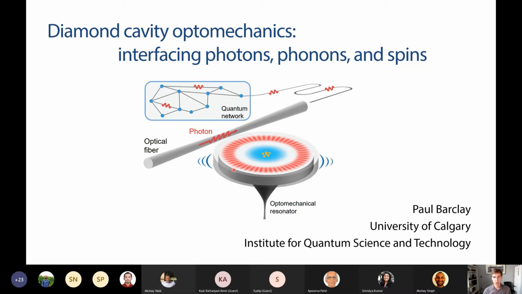We have recently shown that we can use this light to excite mechanical motion in this device, and through that motion, control the state of impurities in the diamond, which are spin qubits, thereby creating a new form of photon-to-spin interface that relies upon optomechanics. I'll motivate why we want to do this and talk about all the work that went into this over the next few slides.